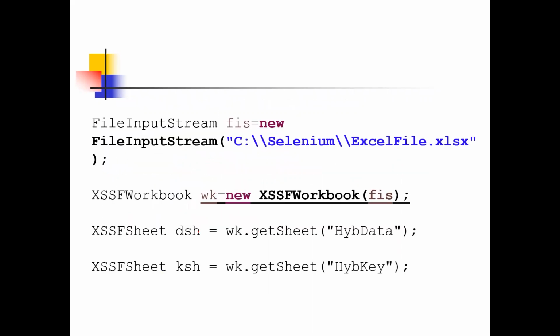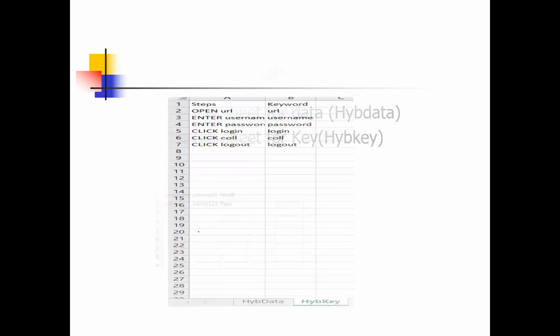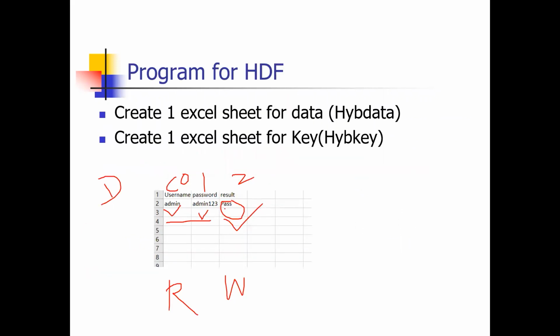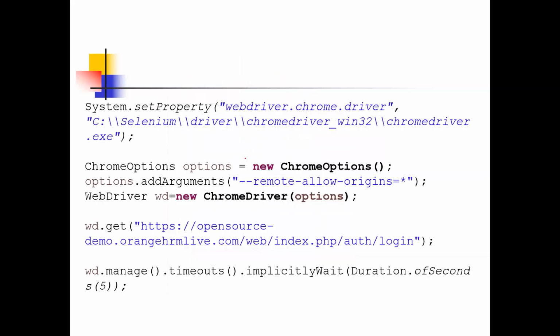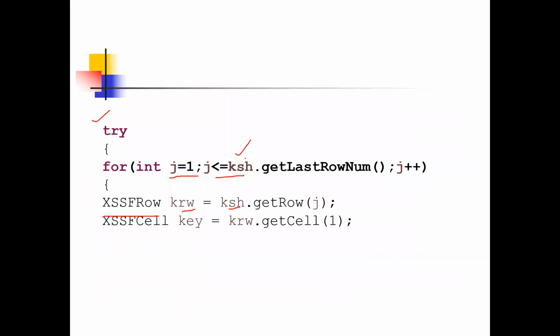If you remember, in the Excel file there are 3 columns, 0, 1, 2, but here column 0 and column 1. Column 0 is not of use because it's just a simple explanation. Actually, keywords are at column 1, so we deal with only column 1. That's why the column is represented by get cell 1.